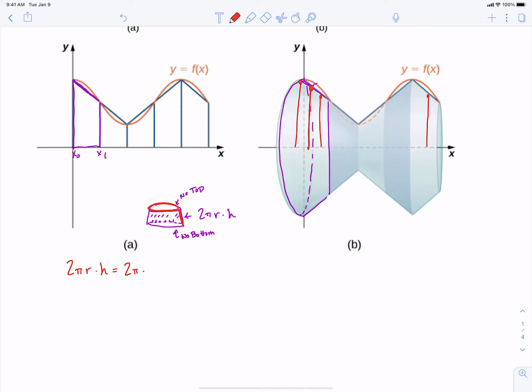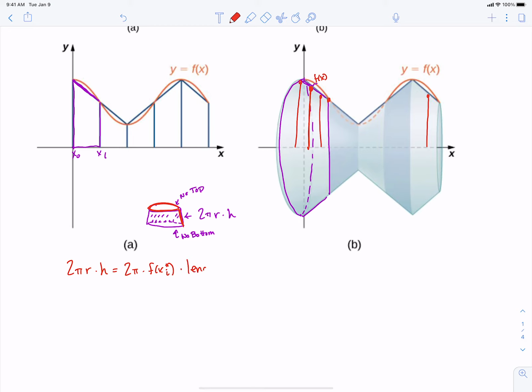But that's going to be the height of our function, basically. It's going to be f of x. And we could grab a point where it is one of our heights of our function there. So we're going to have f of x sub i, and we'll put a little star in there because it could be an endpoint, but it doesn't have to be.